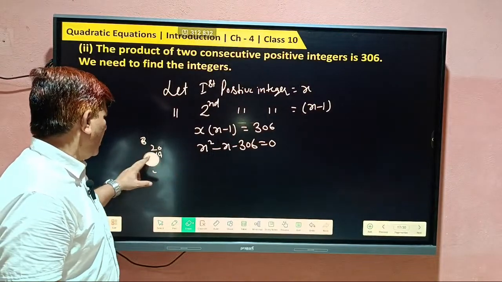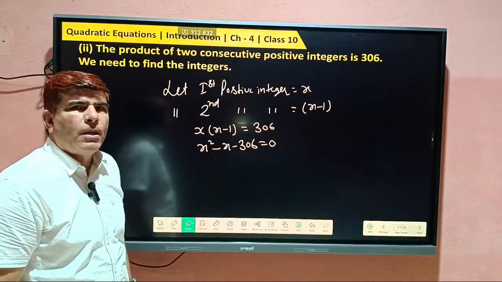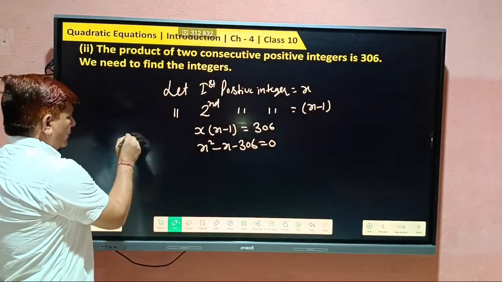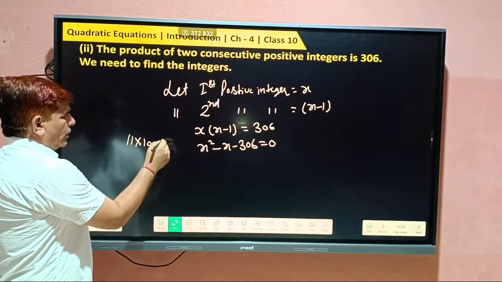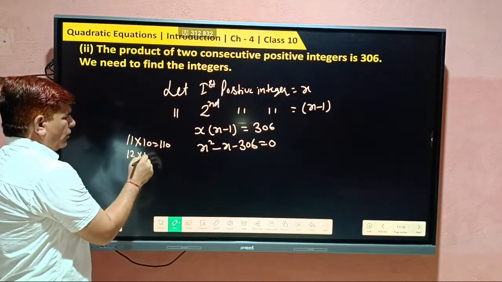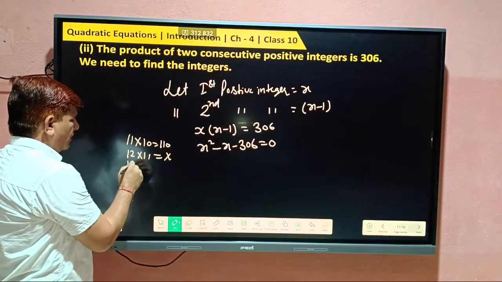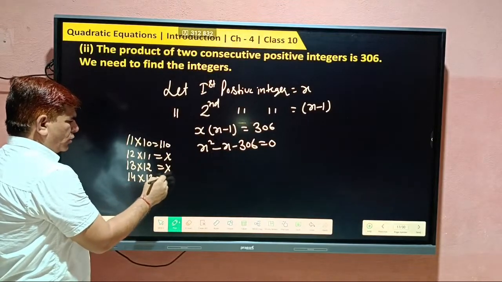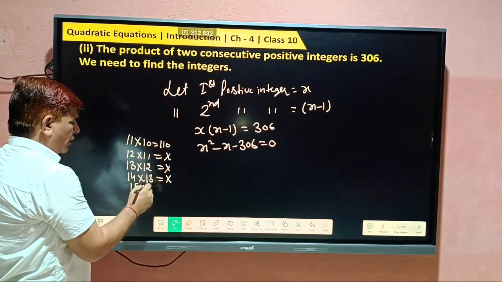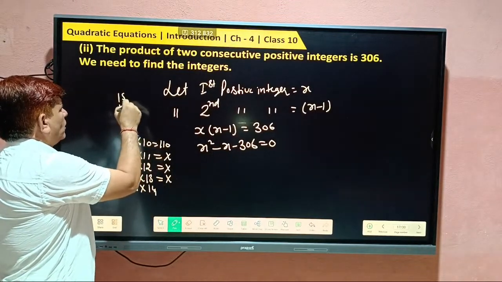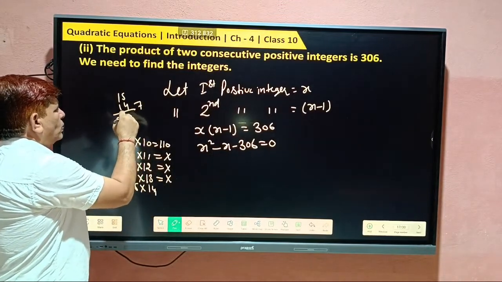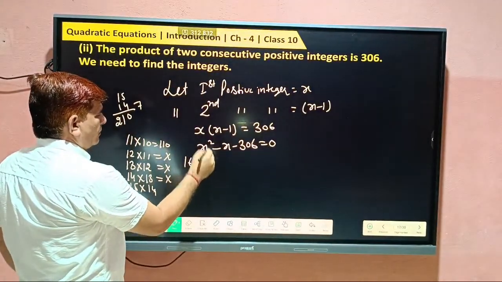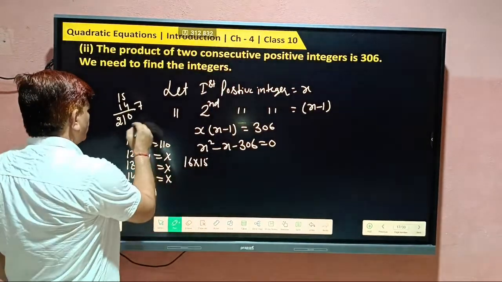Guess one time. 11, 10: 11 into 10 is 110. 12 into 11, not possible because unit digit is not 3. 13 into 12, not possible. 14 into 13, not possible. 15 into 14 is 210. Then 16 into 15, this also is not possible.